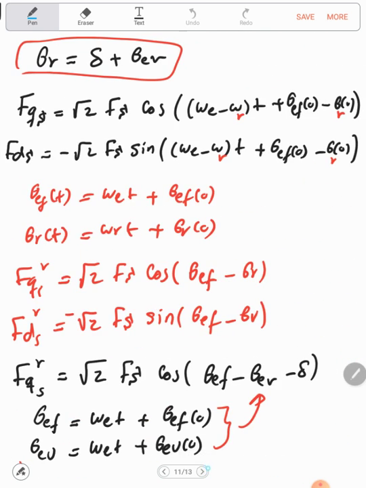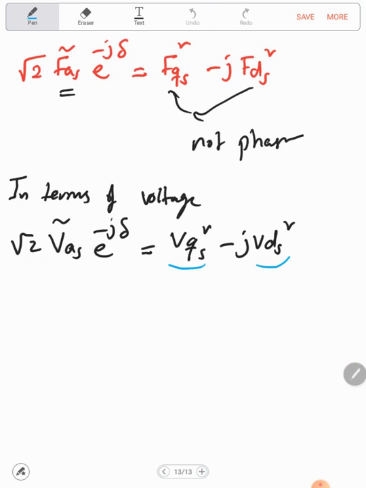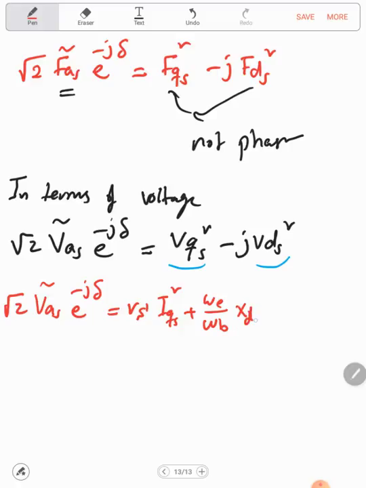So if we substitute, we will get square root of 2 VAS as a phasor exponential of minus j delta equal to RS IQSR plus omega E over omega B XD IDSR plus omega E over omega B XMD IFD dash R, minus, this is the VQ minus j.